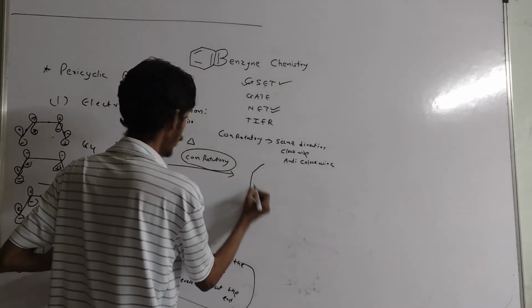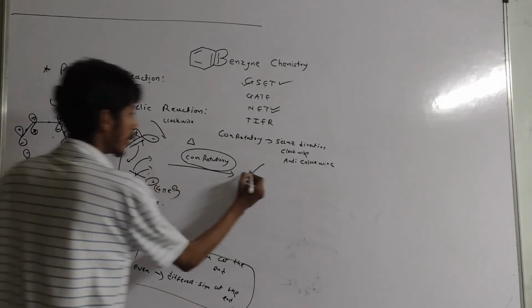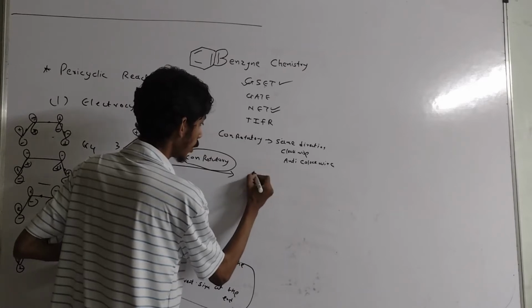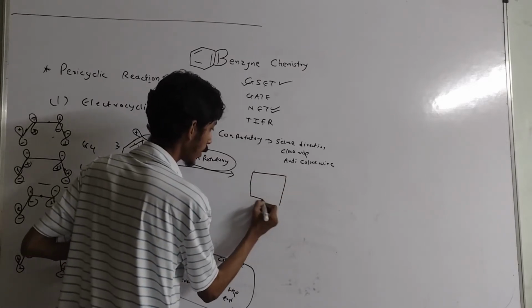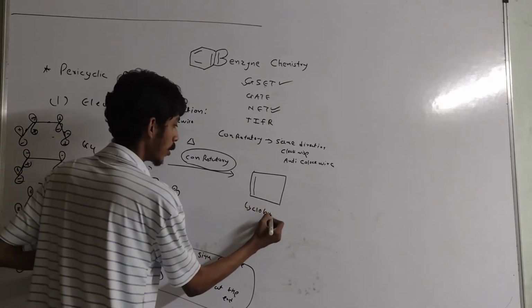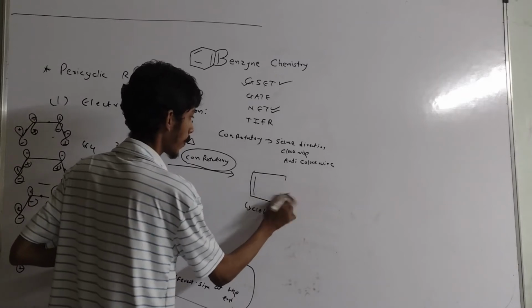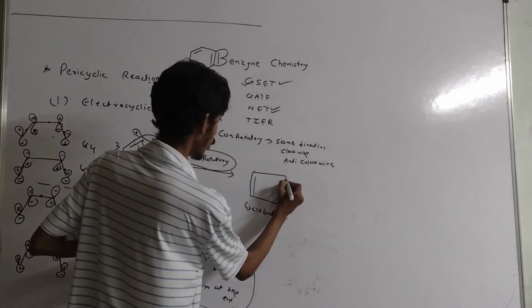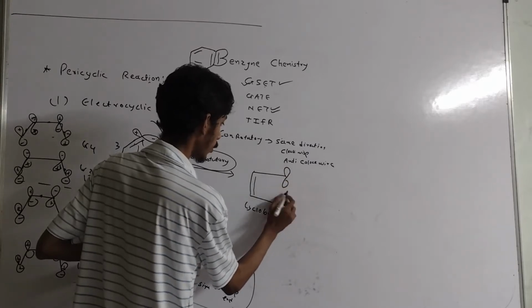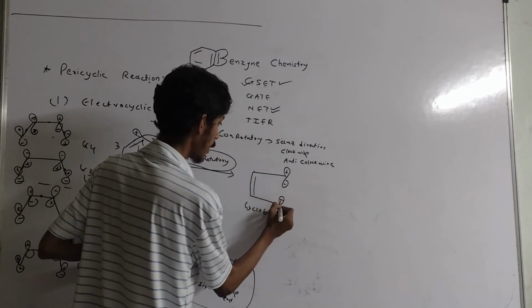So here the ring closing reaction occurred, and cyclobutene is formed. I have to show the orbitals, minus plus and minus plus.